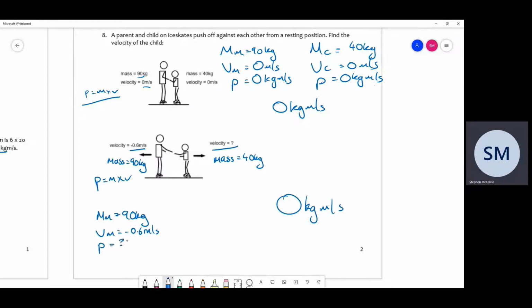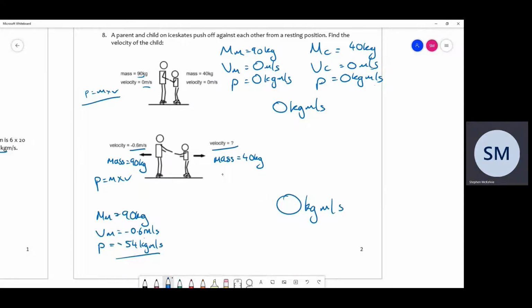I'm running out of space, so I'm not going to show the full working out. 90 times minus 0.6 gives me minus 54 kilogram meters per second. This is the total momentum of the parent, of the mother. I've just said mother, but it could be anybody.